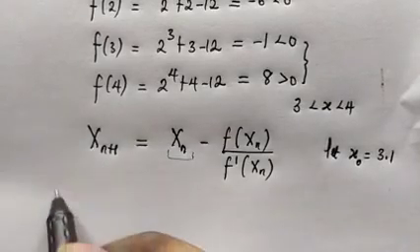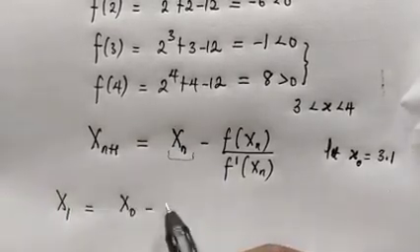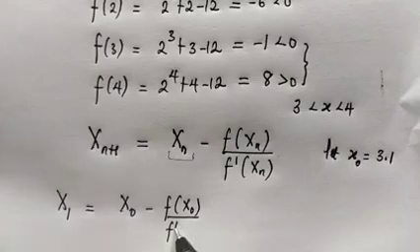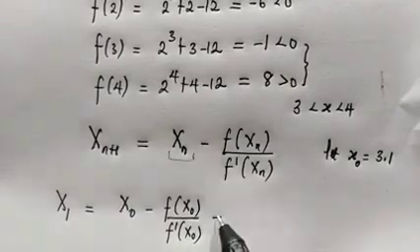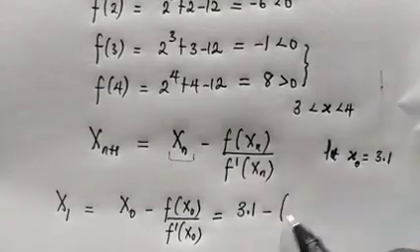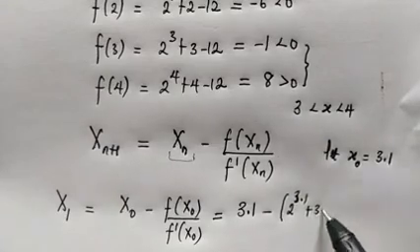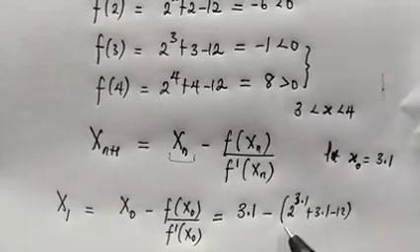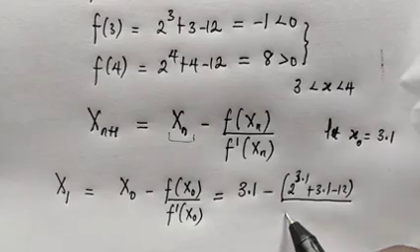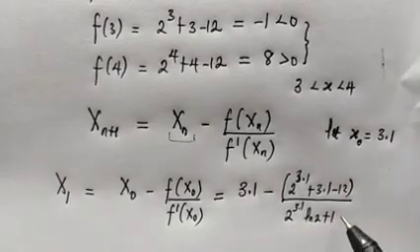So here, it is going to give us x sub 1, which is equal to x sub 0 minus f of x sub 0 divided by f prime of x sub 0, which is equal to 3.1 minus. So here, this is 2 raised to the power of 3.1 plus 3.1 minus 12, then divided by f prime of x sub 0, which is 2 raised to the power of 3.1 times ln of 2 plus 1.